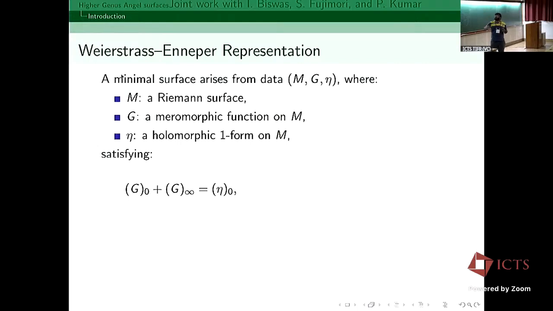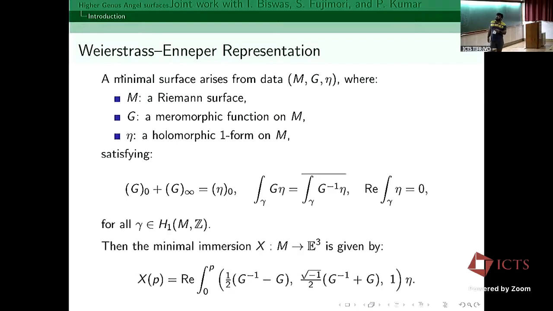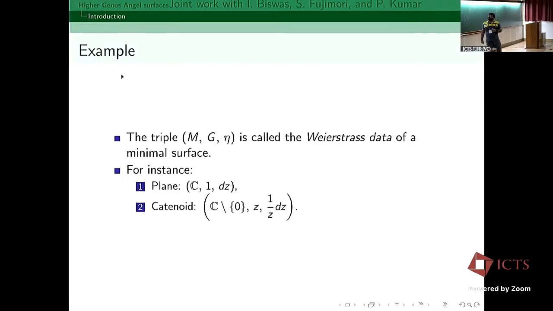If we have a Riemann surface M, a meromorphic function G, and a holomorphic one-form eta, such that these conditions are followed, then our minimal surface can be expressed as this immersion from M to Euclidean three-space. This triple is called the Weierstrass data of the minimal surface, and these are examples of basic minimal surfaces with their Weierstrass data.